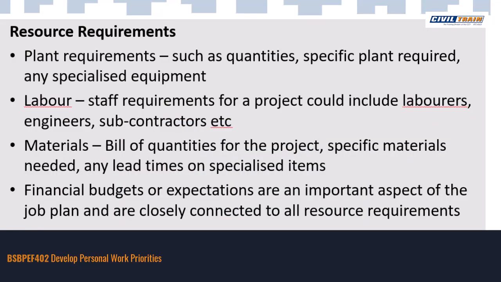So with resource requirements, as I said, it could be plant requirements, as quantities, specific plant required, and specialised equipment. So more often than not, within your own workplace, this is your fleet, and that's what you've got to use. So more often than not, that is the scenario that you've got to work with that equipment.